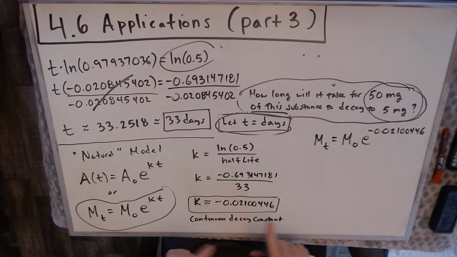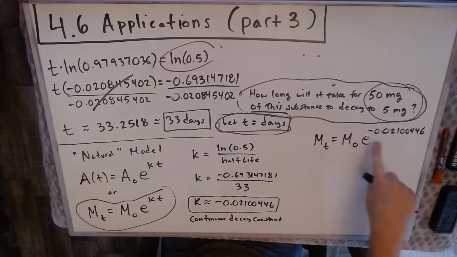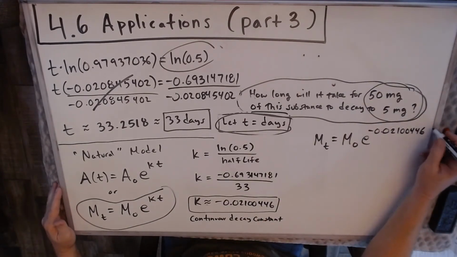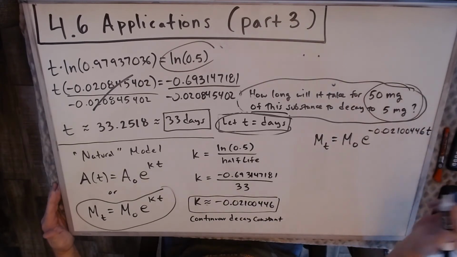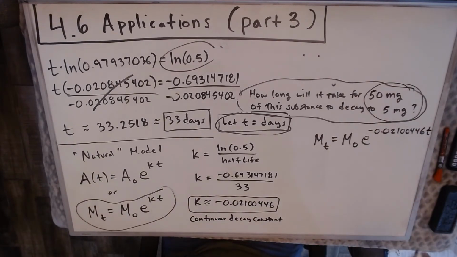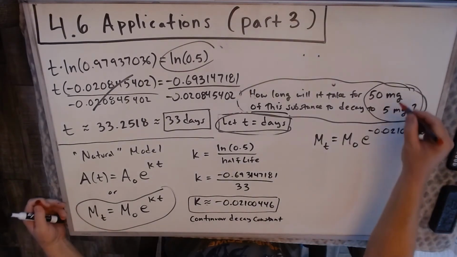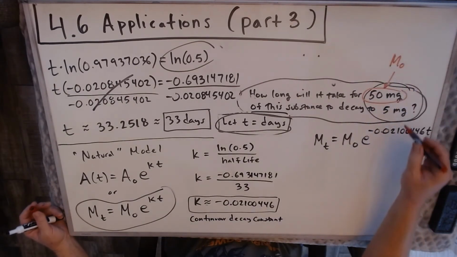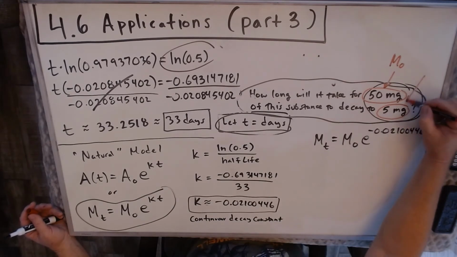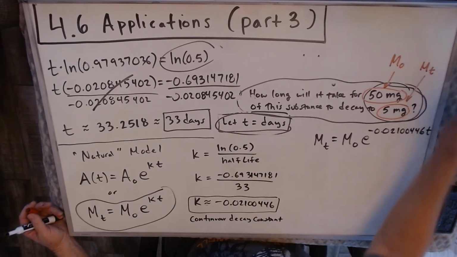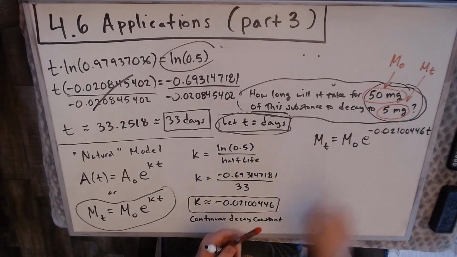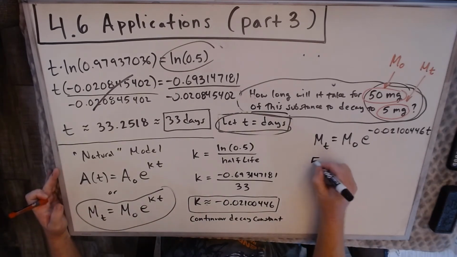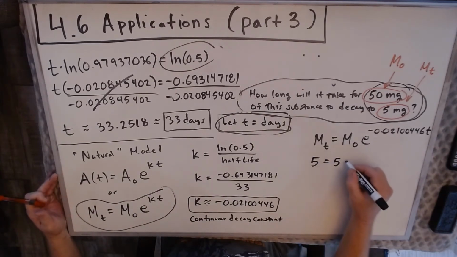If I do, then follow the instructions. I prefer to keep all of my decimals until the very end, and then I can always round later. So remember, the original amount now is 50 milligrams, so that's my M0, my initial mass, and then my mass at time t, Mt, is 5 milligrams. Make sure you put these in the right order, otherwise your answer won't make any sense.